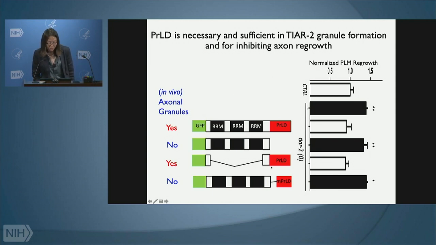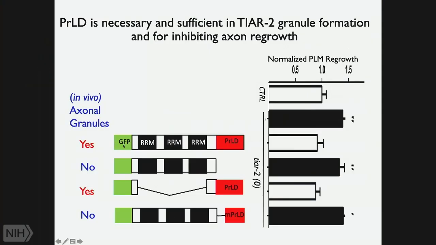In snapshot, the full-length TIAR-2 forms axonal granules and rescues the enhanced axon regrowth of the TIAR-2 null. When he deletes all the RNA binding domains, there are no axon granules. When he deletes all the RRM domains, axon granules still form, and the activity of rescuing the mutant is still there.